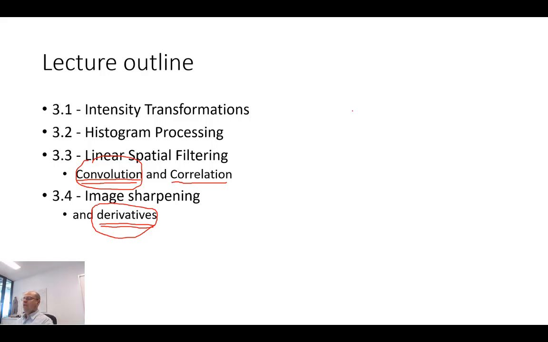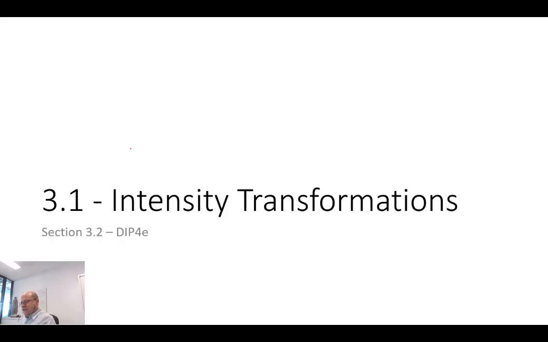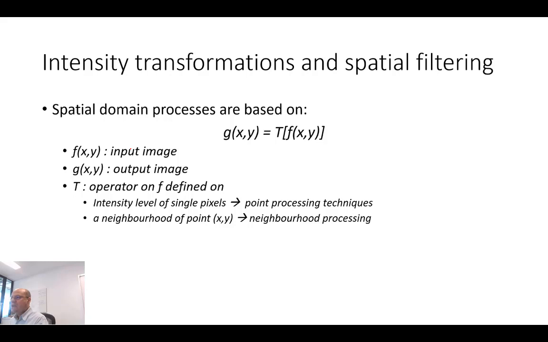They are most important because they come back over and over again. They are applied in various topics, in various methods. So please pay good attention to these two concepts and histograms as well. There are a great deal of methods that use histogram processing. Let's start with intensity transformations.